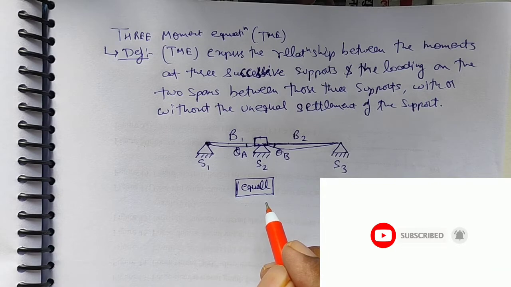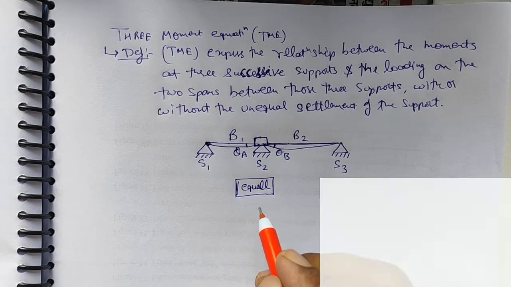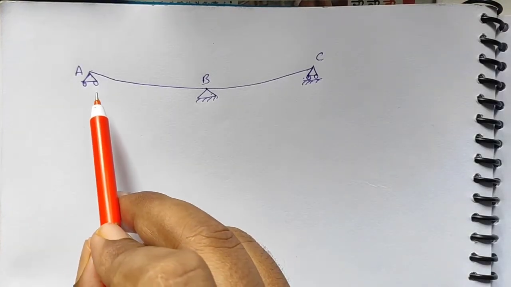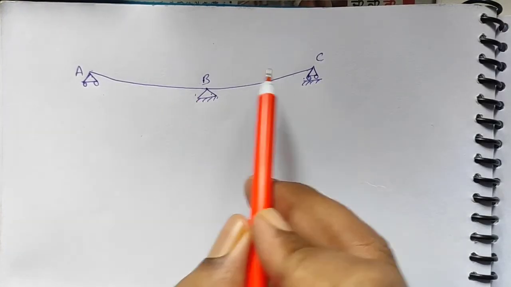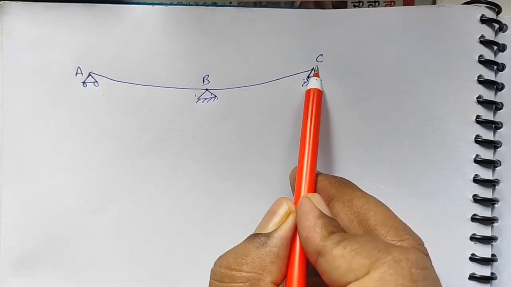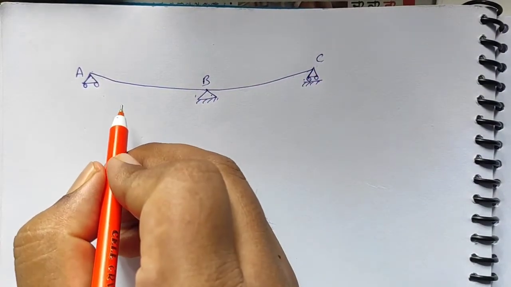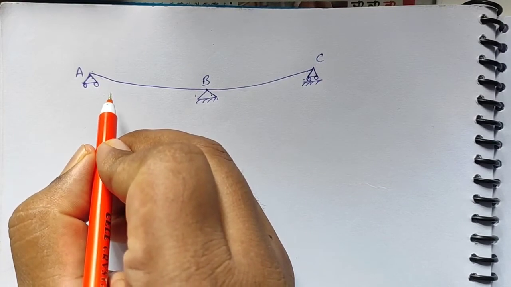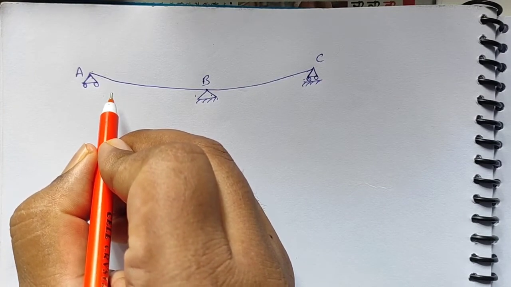So now let us understand by taking some numericals. Let us consider a continuous beam having three successive supports A, B and C, and again having A1, B, C1.